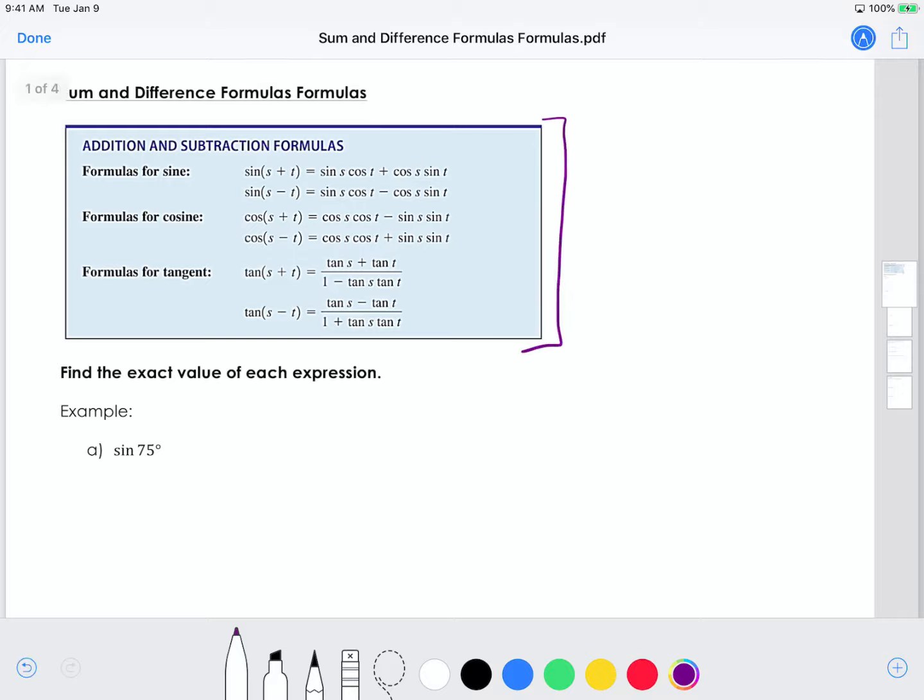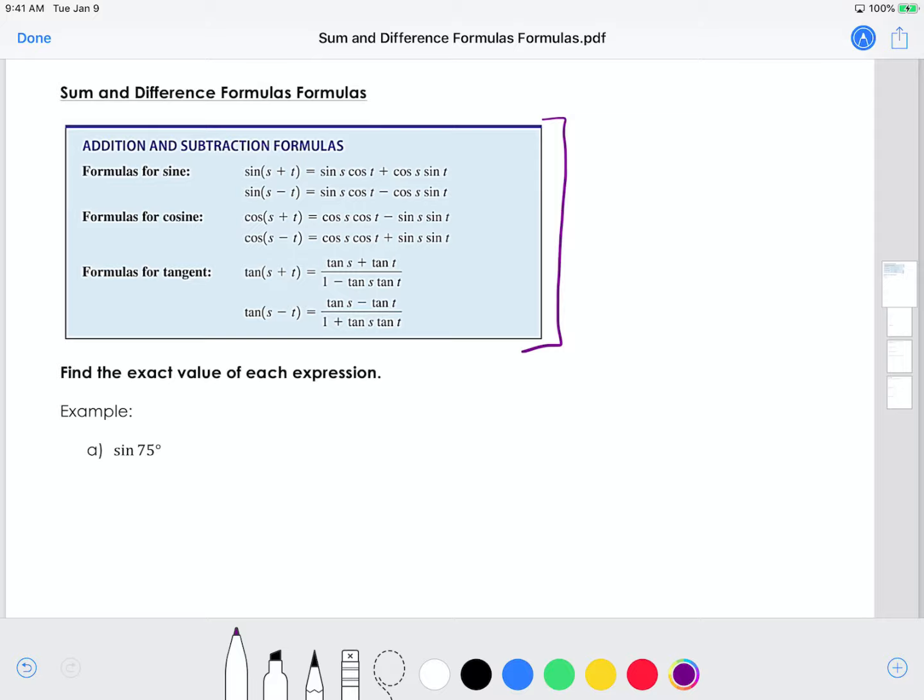In subsequent videos, I'm going to talk to you about half angle formulas, double angle formulas, sum and product formulas as well. And like I said, all of these formulas can be used to make substitutions to prove identities, solve equations, or to evaluate trig functions that we don't have already derived on our unit circle.